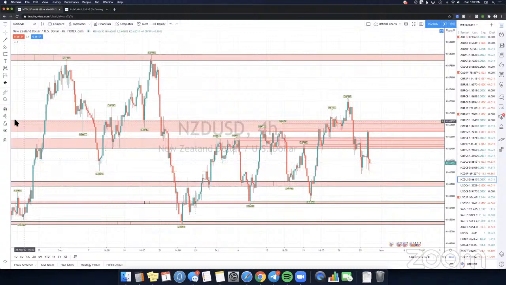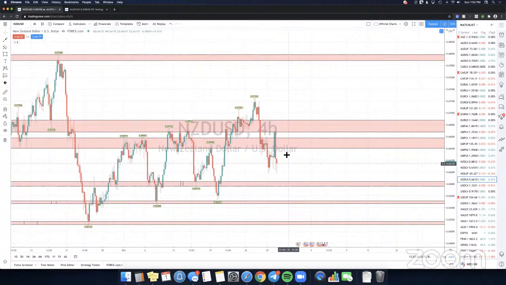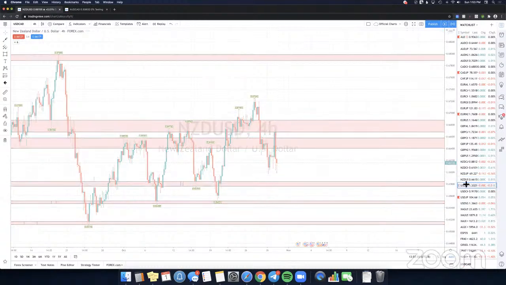Delete this. All right, cool. Everything looks fine. So I'm going to hide this indicator. And price is currently right here within these two zones. So this upper zone right here is going to be 0.66403. And this lower zone down here is going to be 0.65842. So that's it for NZDUSD.